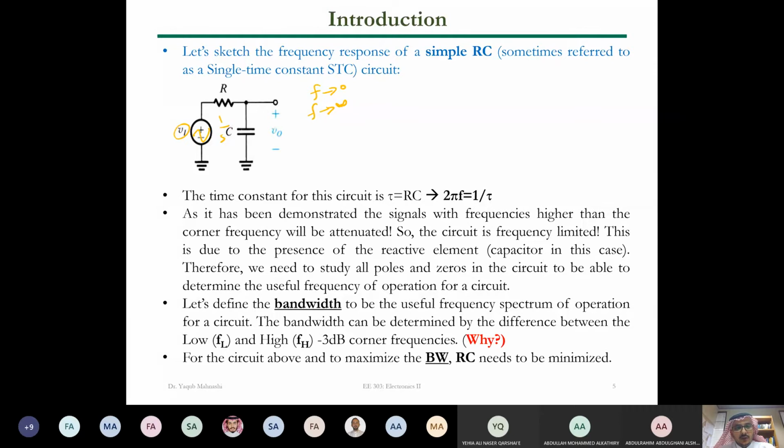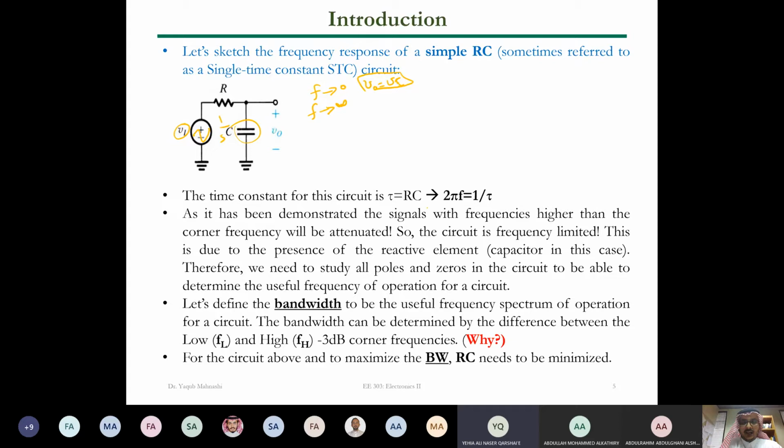The impedance of the capacitance will be 1 over 0, which is infinity. It means this one will be open, and the output will be the same as VI. Do you agree? Because this one is open now.